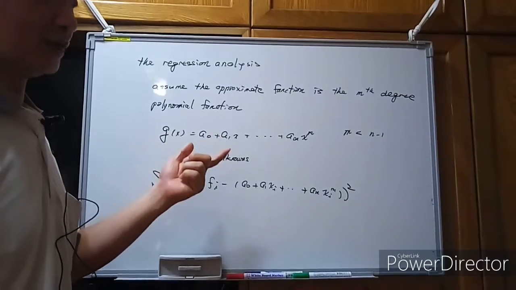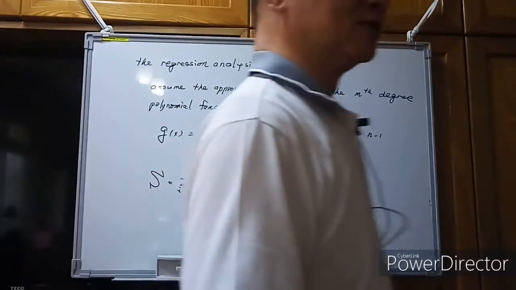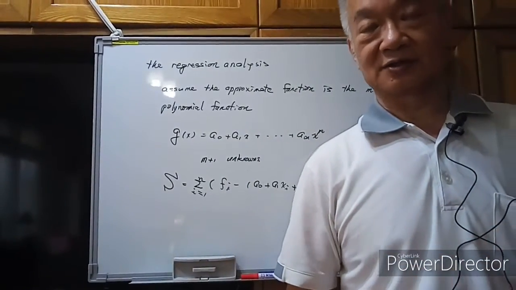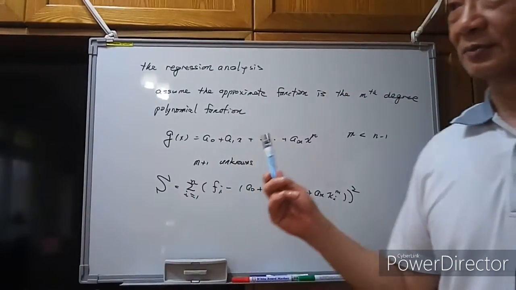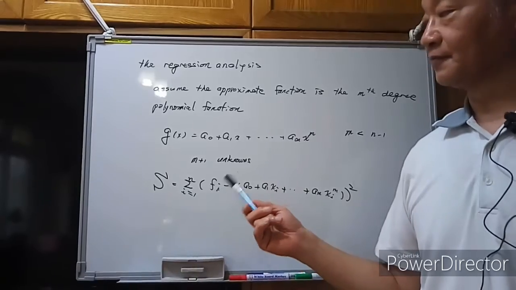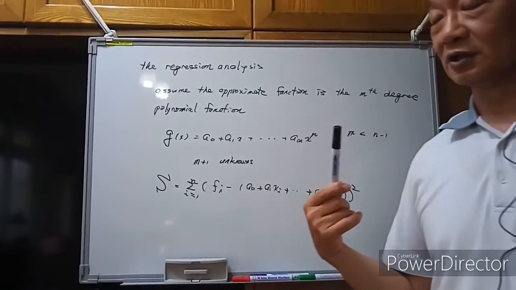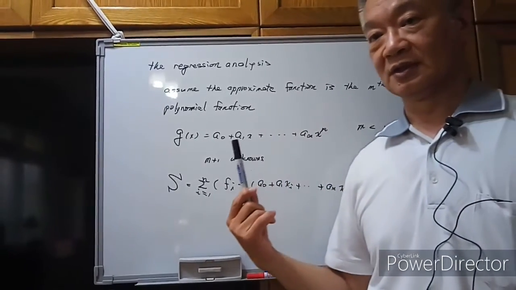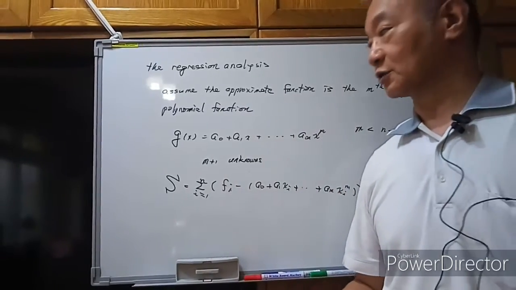Sometimes the interpolation functions it is also the approximate function, since the original function f of x, which is not only the polynomial functions, sometimes it is a very complicated functions f of x. But no matter the interpolation method or the regression analysis, we always use the polynomial functions.